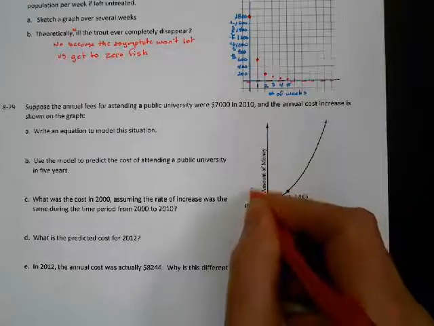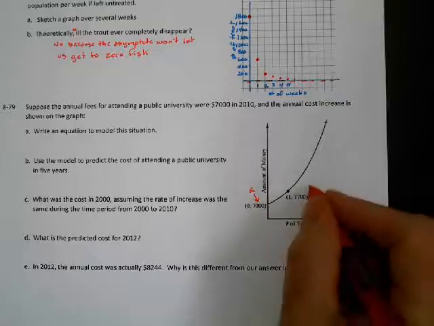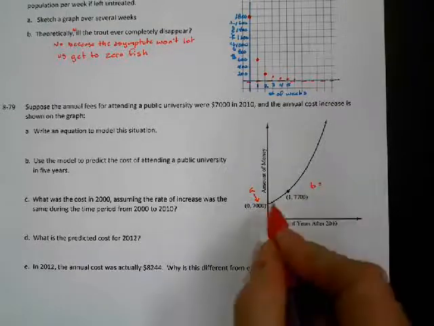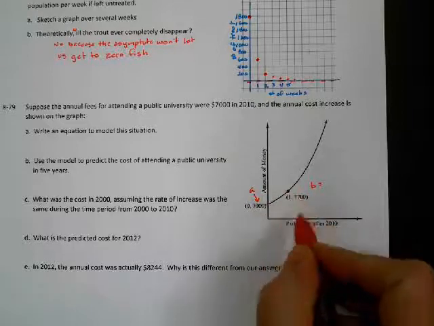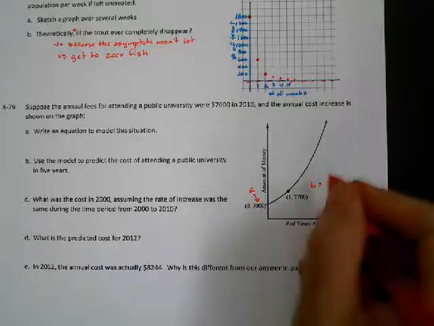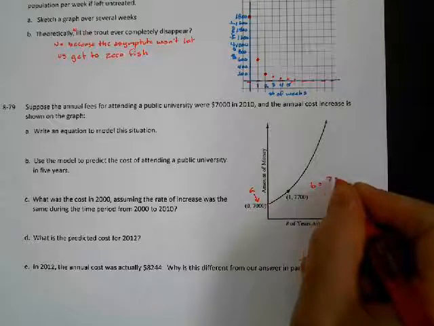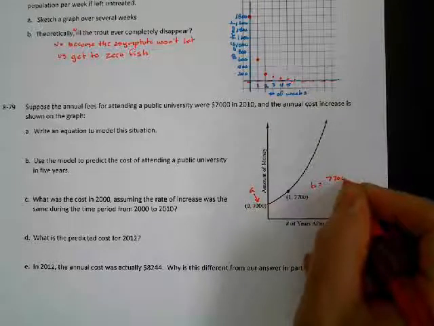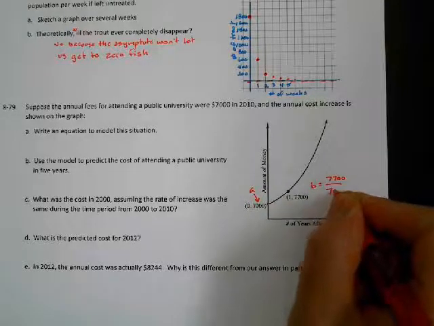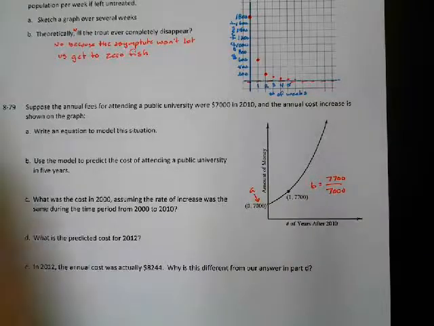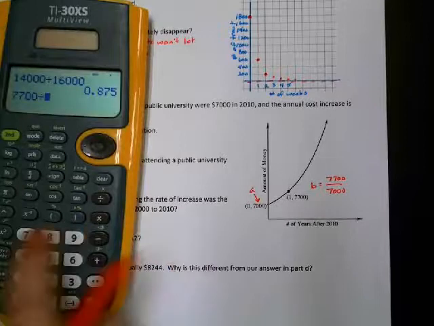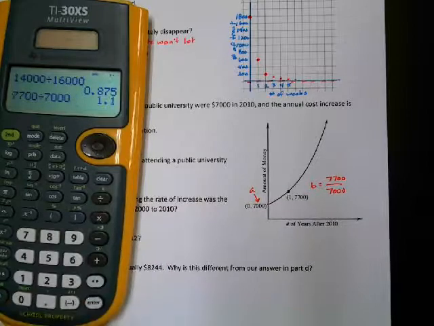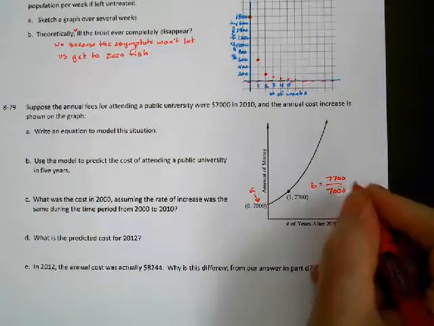To find our b value, we have moved over on the x-axis by 1, and we've increased by 700. So this would be 7,700 divided by 7,000. So if I do 7,700 and divide by 7,000, we get 1.1. So our b value is 1.1.